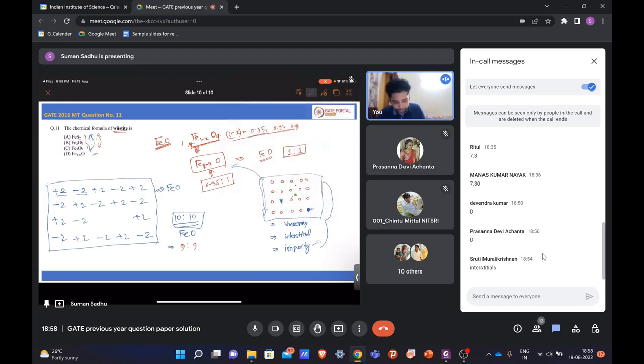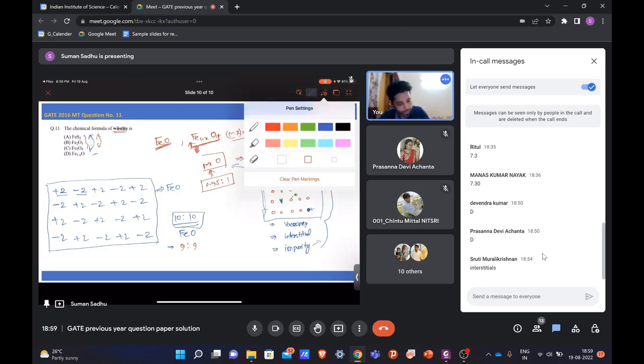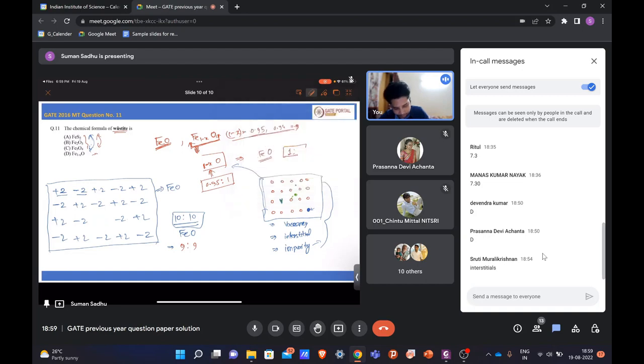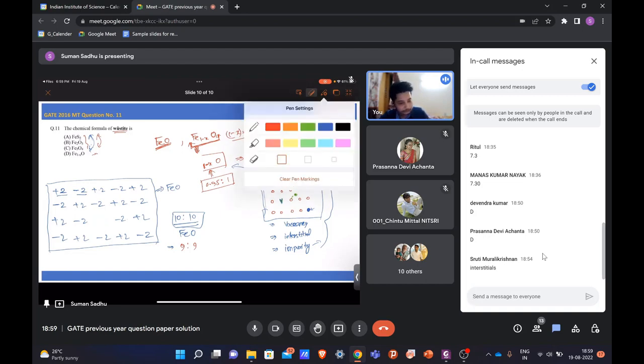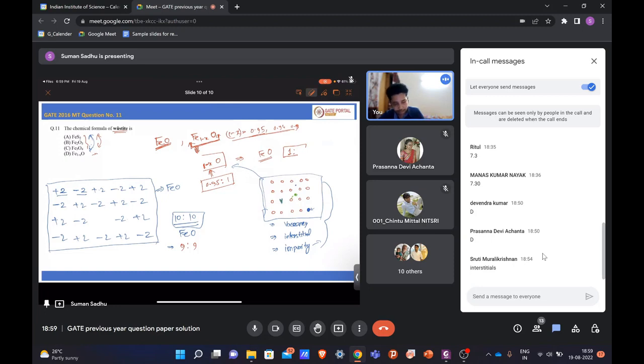Non-stoichiometric defect means, let's say you have fewer irons, right? That means you have to remove one iron. So let's say you have removed one iron. Now you have plus 2 charge missing from this system, so it is no more charge neutral.